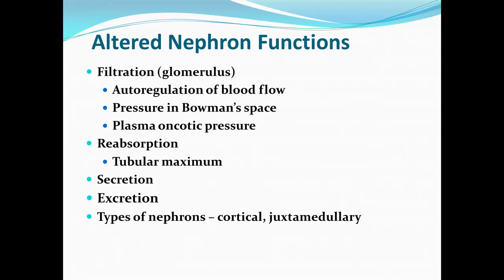And that's what the tubules are responsible for. The tubules are responsible for the reabsorption, the secretion, and the excretion of this within this ultrafiltrate, so that we end up with 0.5 cc's per kilo per hour of urine. So that's what has to happen.